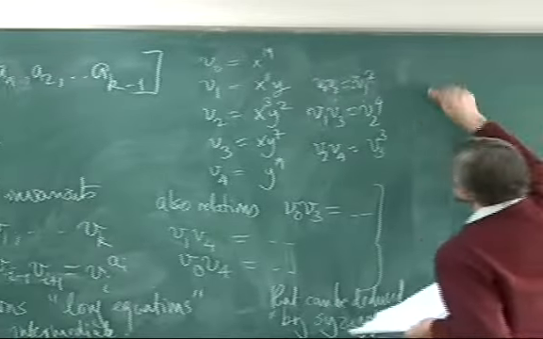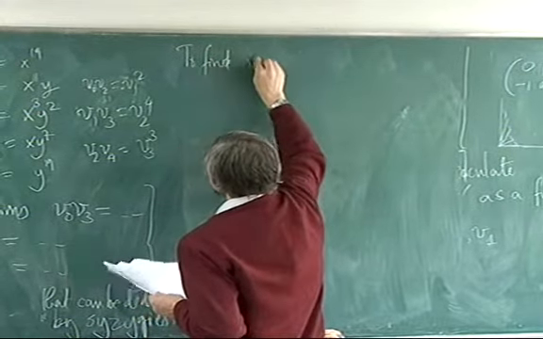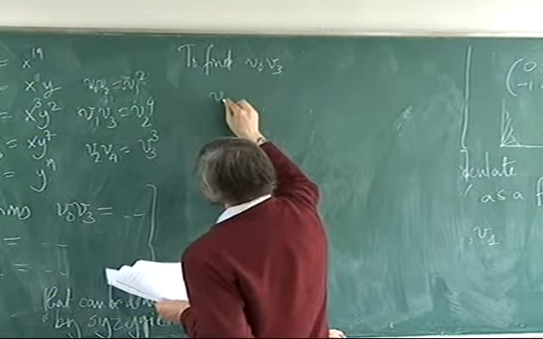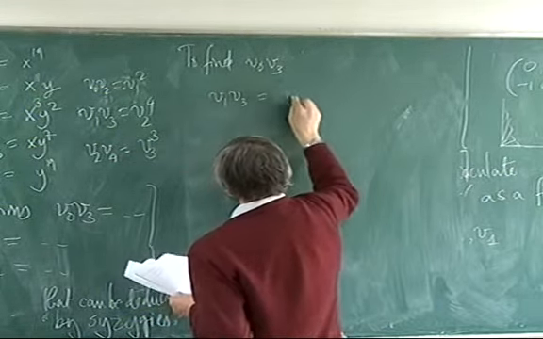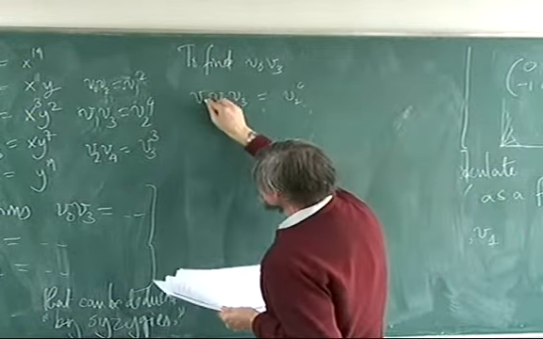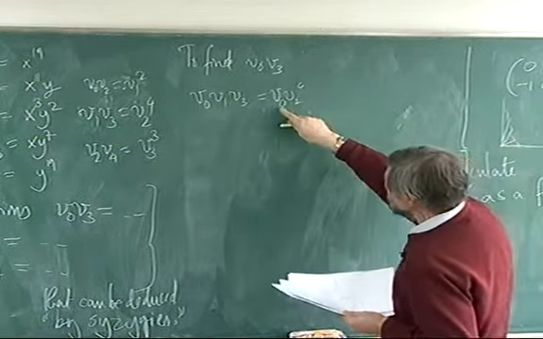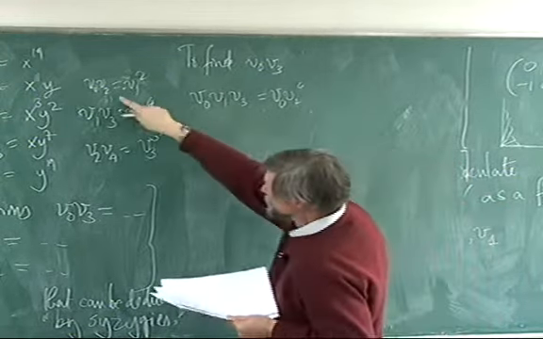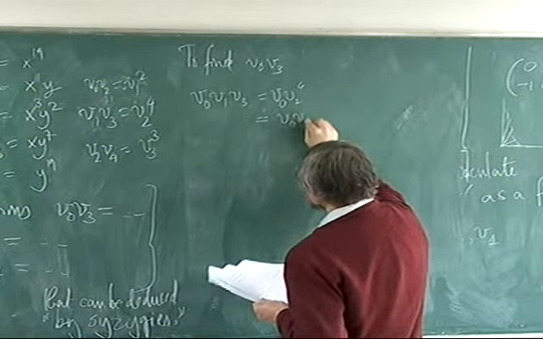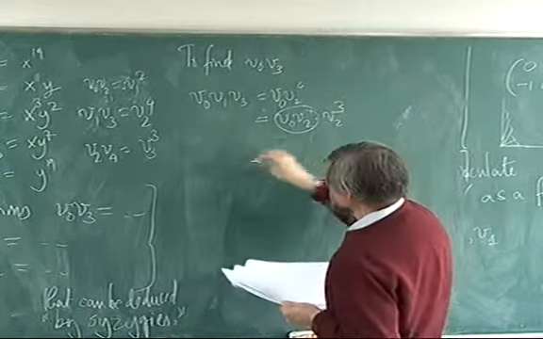However, you can see this by algebra rather than waving your hands and saying geometry. To find V0 V3, let's take the equation V1 V3 equals V2 to the 4th, and put a V0 in front of it. Here I've got V0 V2 to the 4th, and I can substitute in this equation. So this is V0 V2 times V2 cubed, and V0 V2 in turn is V1 squared.